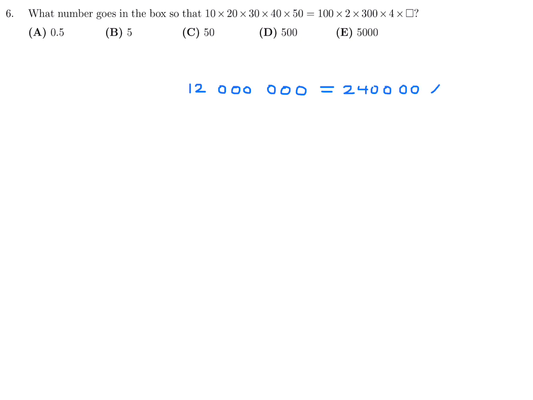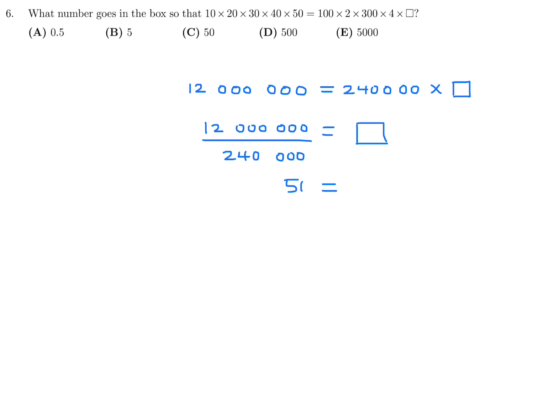So that box really is just 12 million divided by 240,000. And when you do that, you get 50. So that is what basically the box equals. So number 6, the answer is C.